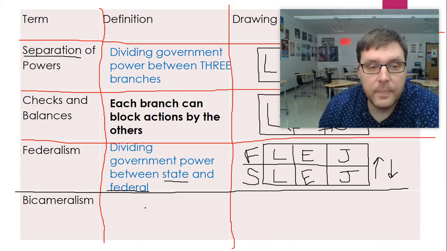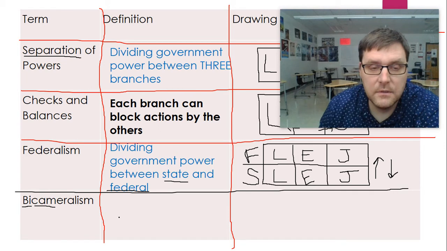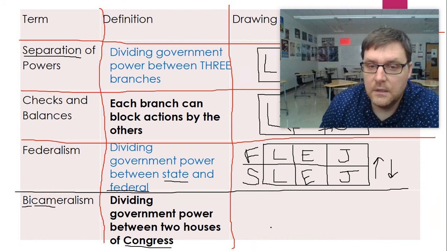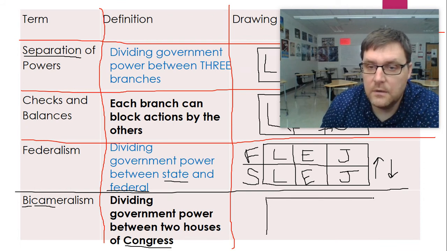Where was I? Bicameralism. Bi means what? Correct, two. Cam means house. Two houses. We divide up government power between two houses. Our Congress has two houses. Now, we could, if we wanted to, draw the same box.